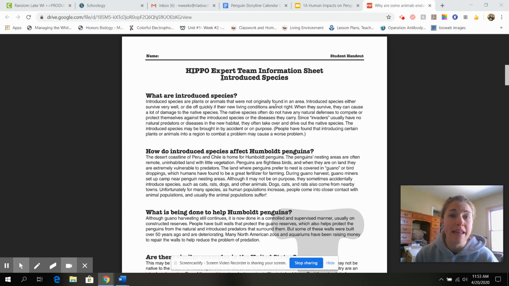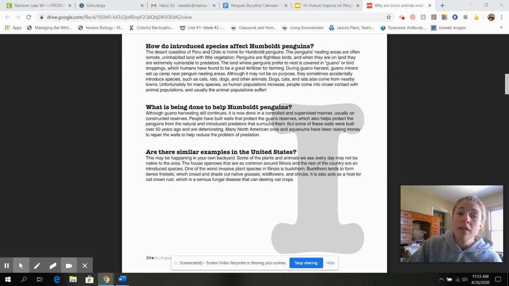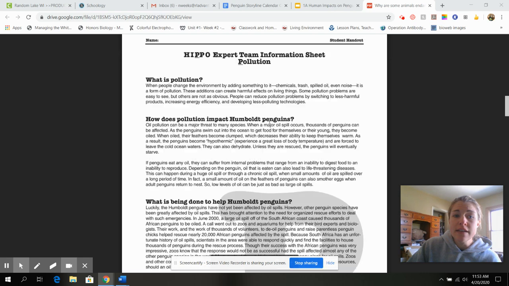That means they are not native to those islands, they are very invasive, and they completely ruin the habitat and native or endemic species.